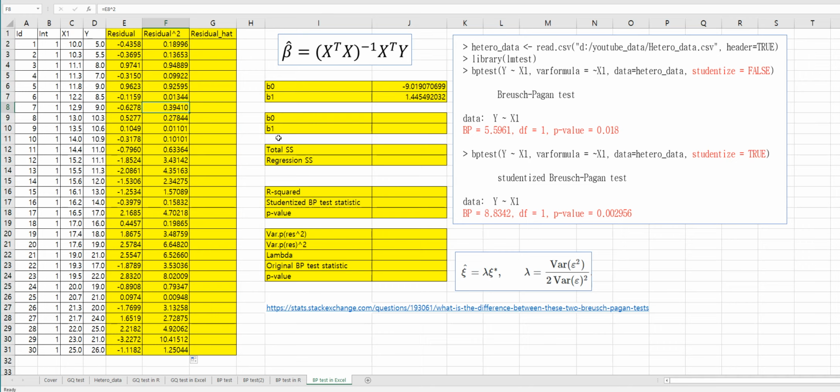Right. Then secondly, let's get b0, b1 again. Instead of using original y, we need to use this squared residual.